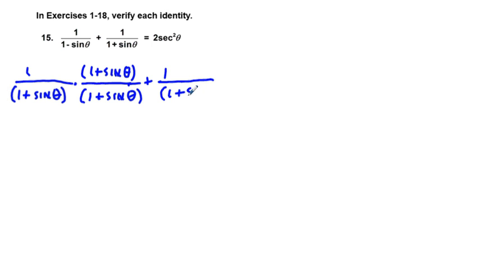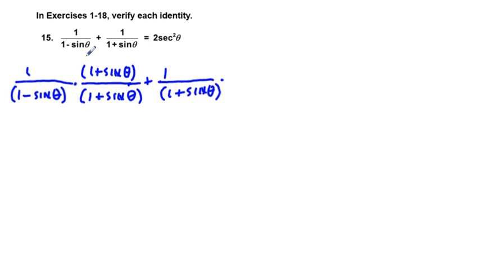I think I wrote something down wrong a little bit here. I'm going to clean that up. Yeah, on the left side here, let me fix that. This value here is going to be 1 minus sine squared theta. Okay.